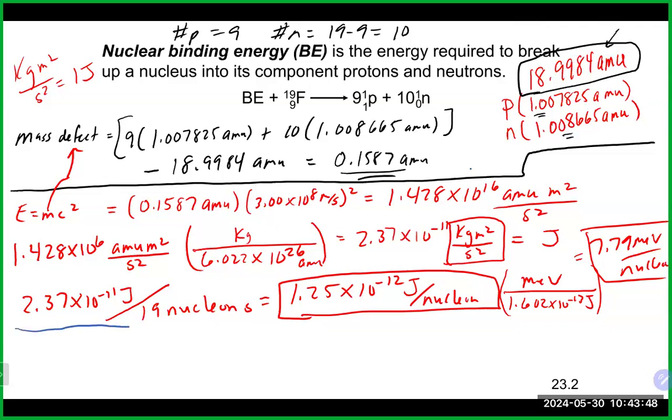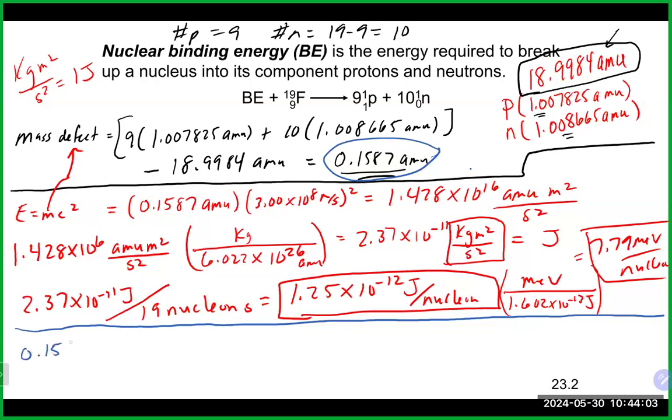Now, as I mentioned before, if you do not want to use Einstein's equation, you can just use those conversions that we saw on the previous page. You could pick up with this number right here: there are 0.1587 AMU. If we take that number, 1 AMU is 931.5 mega electron volts, which is that conversion.